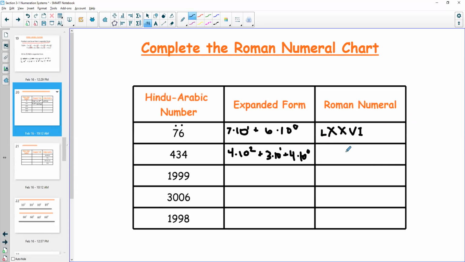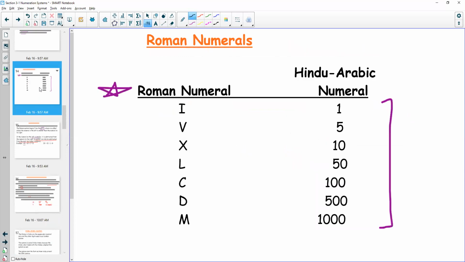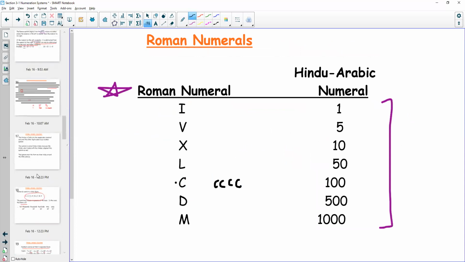Now let's write it as a Roman numeral. Okay, so 400. How do I write 400? Here's the thing. I can't write, well, what's 100? Let's go back. Look at your chart. Remember, C is 100, but I can't write 1, 2, 3, 4 of them, right? That's not going to work. So what do I do?